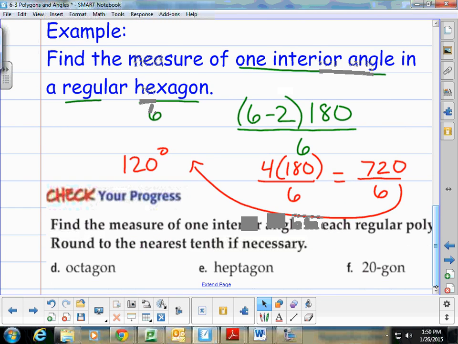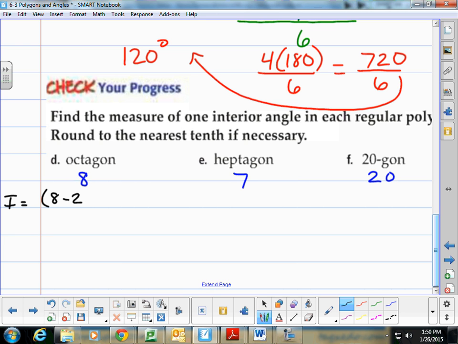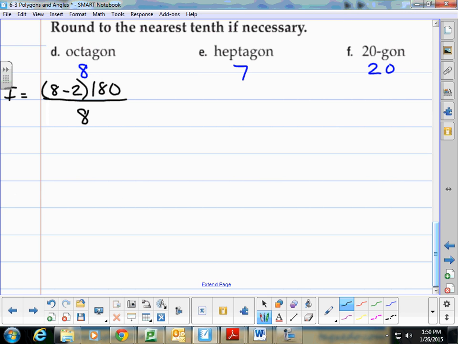So give it a try here. Octagon is 8. Heptagon is 7. Polygon is 20. I'm going to do one interior angle is 8 minus 2. There's 6 triangles in an octagon. Let's divide that by 8 for the number of angles in there.